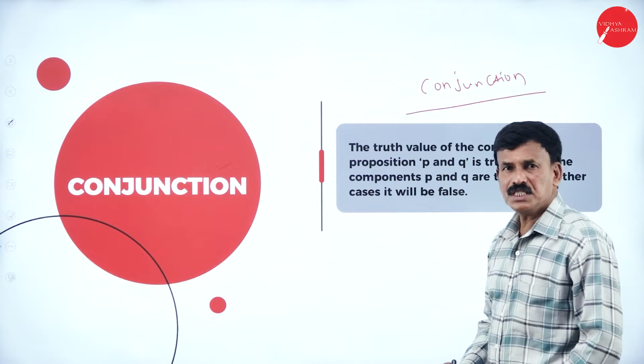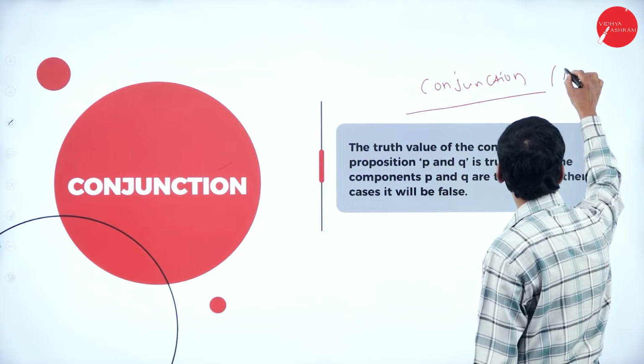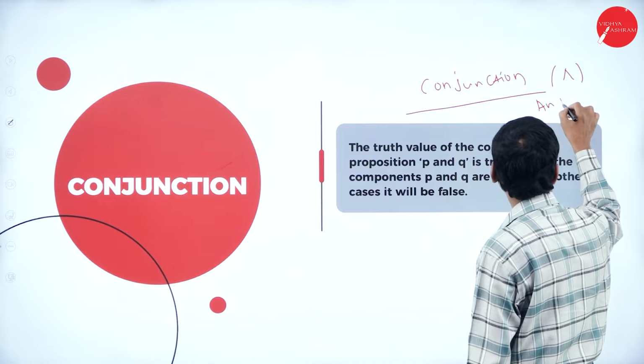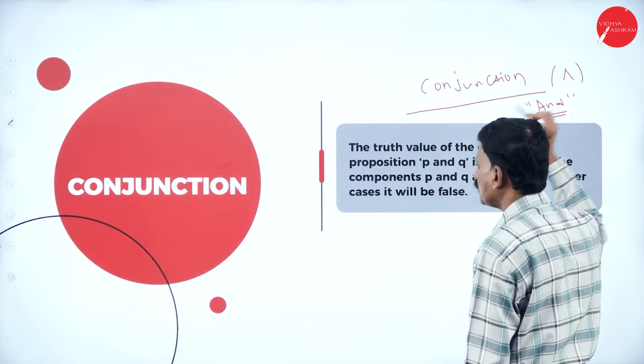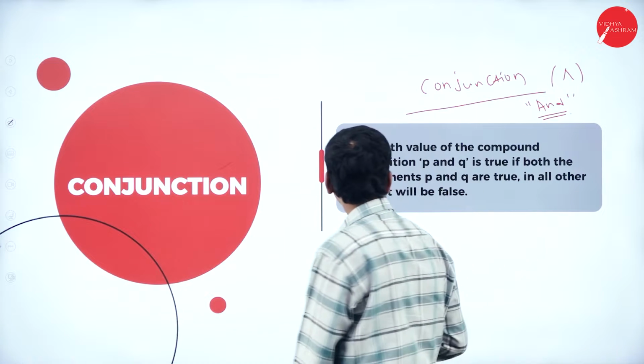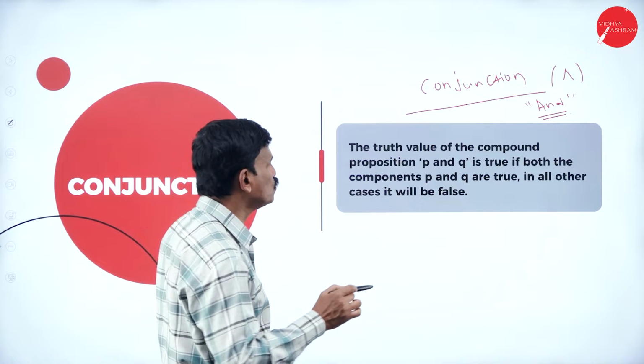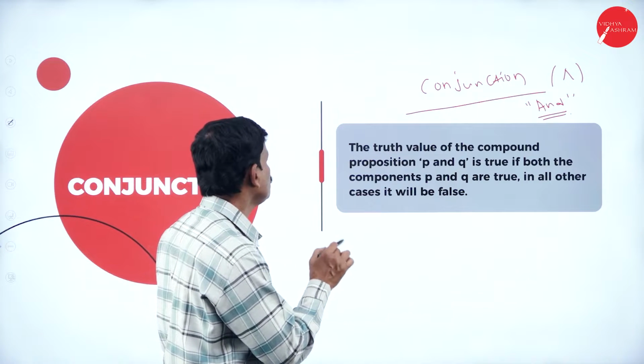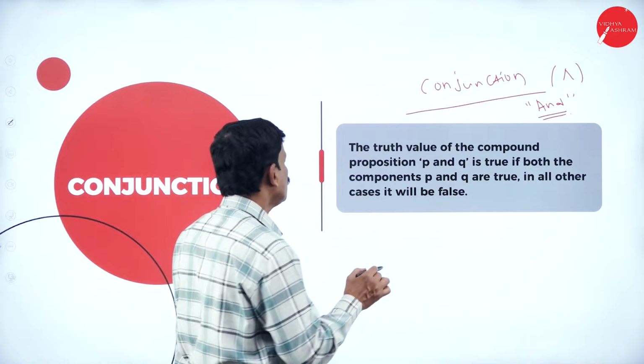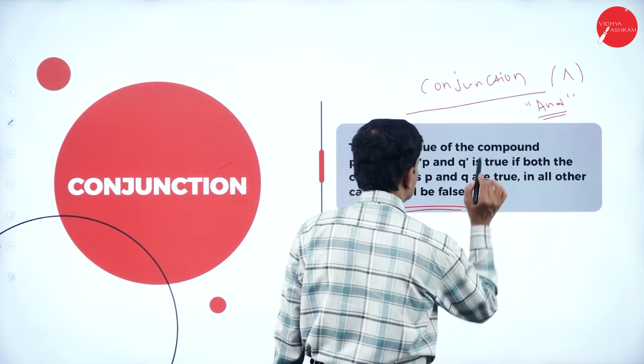The conjunction is denoted like this, reverse V, and the connective is called and. The truth value of the compound proposition P and Q is true if both the components P and Q are true. In all other cases, it is false.